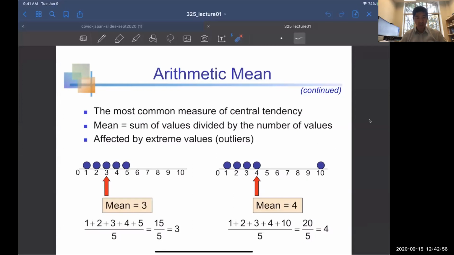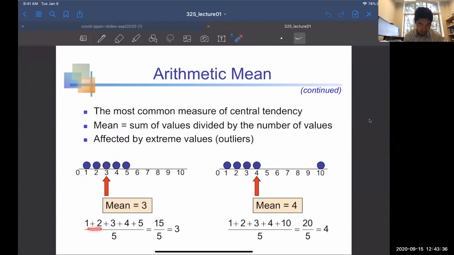One disadvantage is that it is sensitive to the presence of extreme values. Namely, if you have a very extreme value that is very different from the rest of the observations, one or two extreme values, which we often call outliers, tend to affect the measure of central tendency, which is the arithmetic mean here. In this example, suppose you have 5 observations, 1, 2, 3, 4, 5, and the mean is going to be 3.